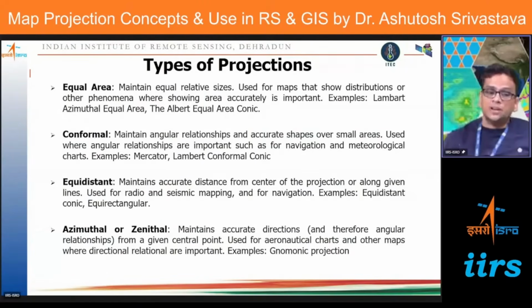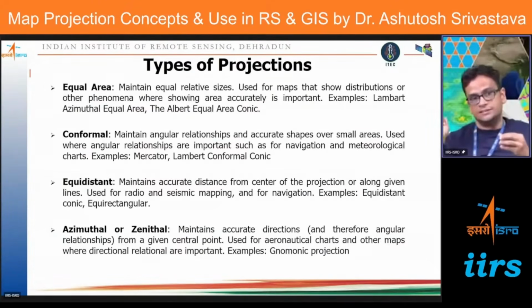Like equal area projection: it maintains equal relative sizes, used for maps that show distribution or other phenomena where showing area accurately is important. So some map projections will try to preserve area in equal or relatively equal sizes.